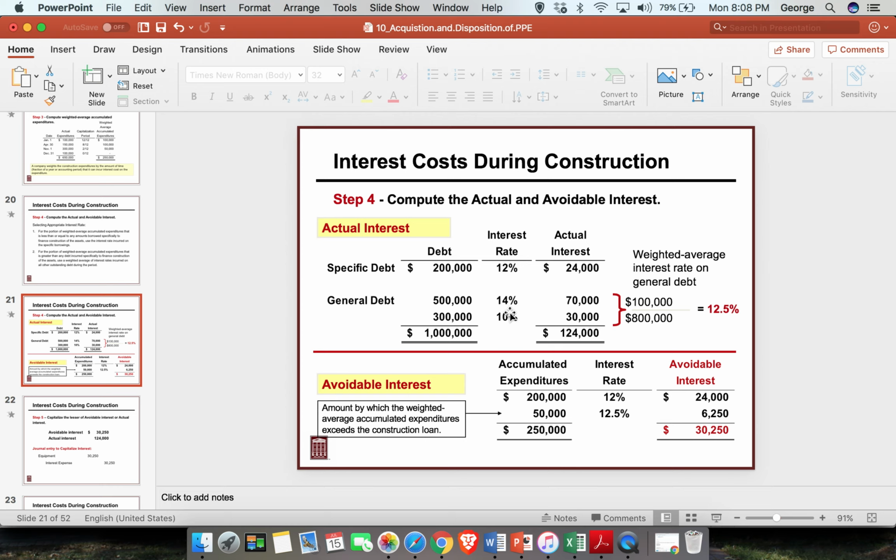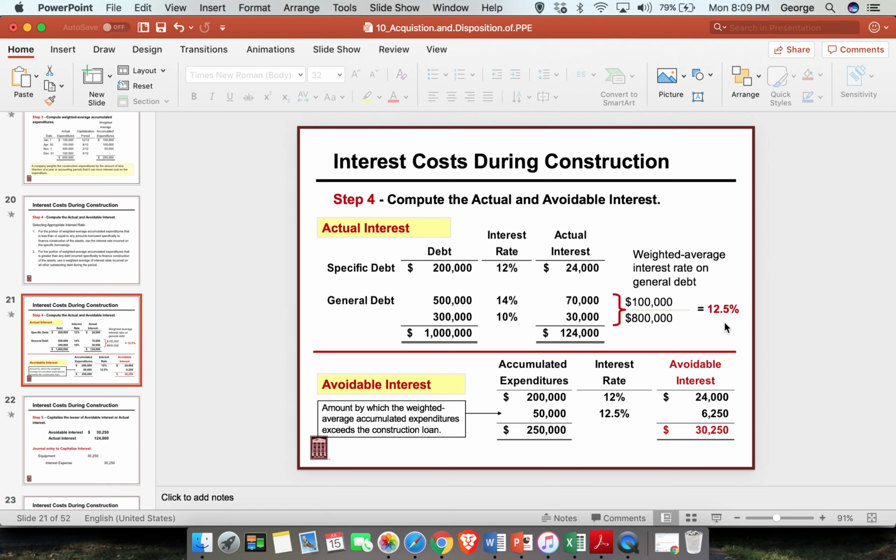So we said to find a weighted average rate on the general debt. If you're looking for a rate, you can't find one. So there's $100,000 in interest, 70 plus 30, and we divide by the 800,000 total debt. So 12.5% is our weighted average interest rate.